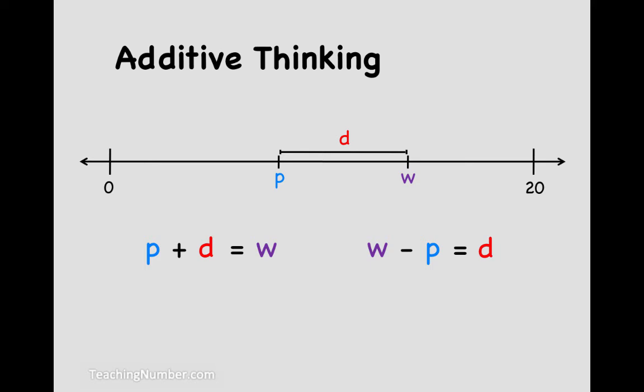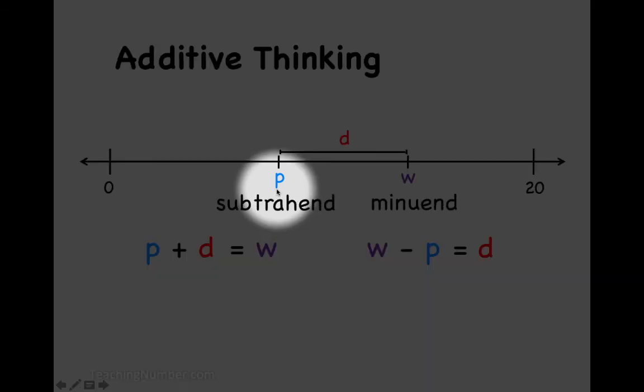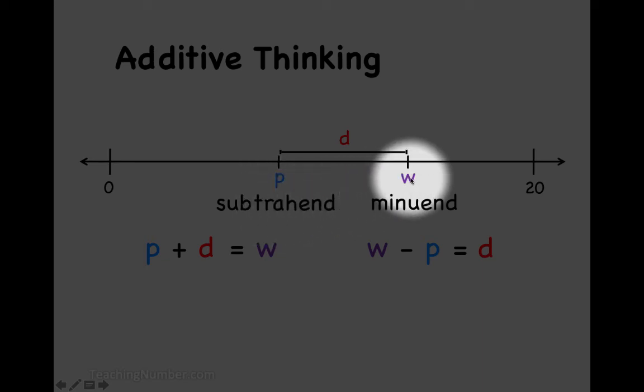Now, in case augend, addend, and sum weren't difficult enough to remember, for some reason we get a whole new set of official terminology when we're talking about this same additive relationship in subtraction terms. Now, the augend or part is called a subtrahend, and the sum or whole is called a minuend.